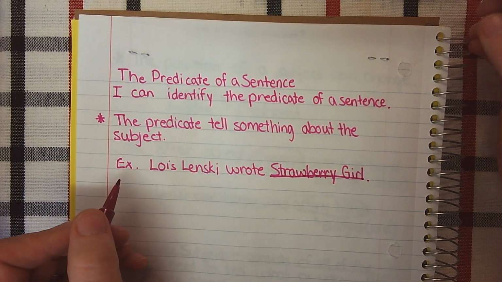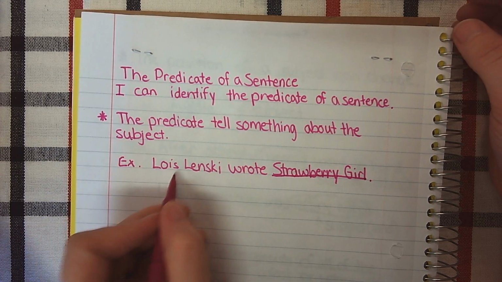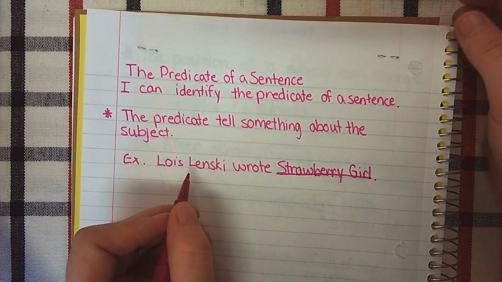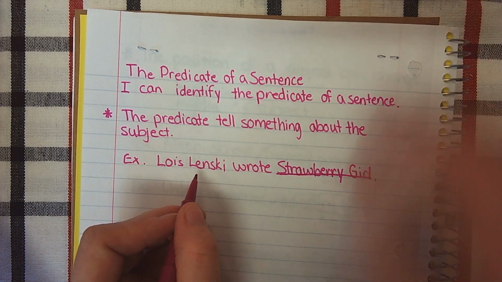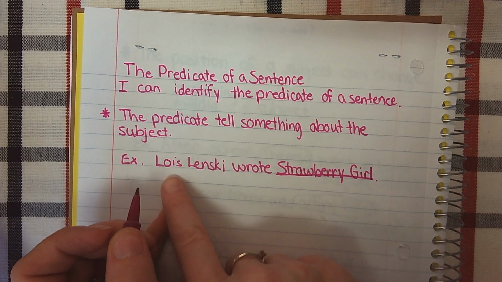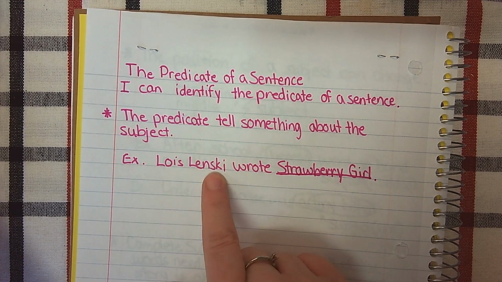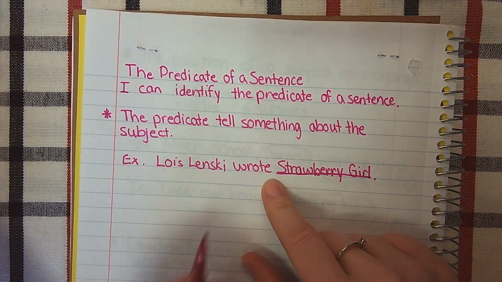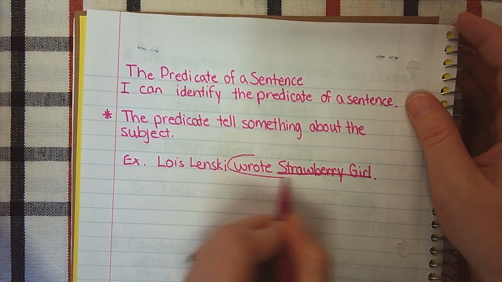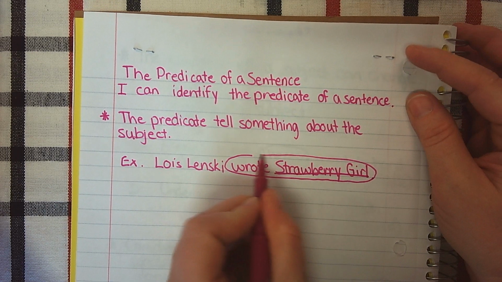Okay, we established in our last lesson that Lois Linsky was our subject. It's who the sentence is focusing on. So if we are trying to find the predicate, we're looking for something that tells us about that subject. So what are we being told about Lois Linsky? We're being told that she wrote Strawberry Girl. So wrote Strawberry Girl is our predicate.